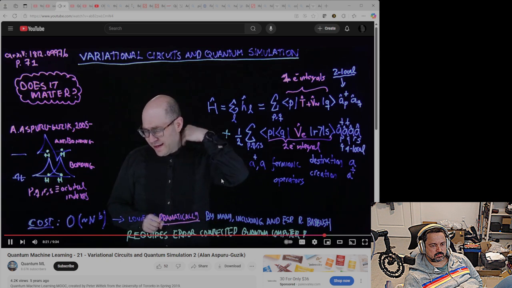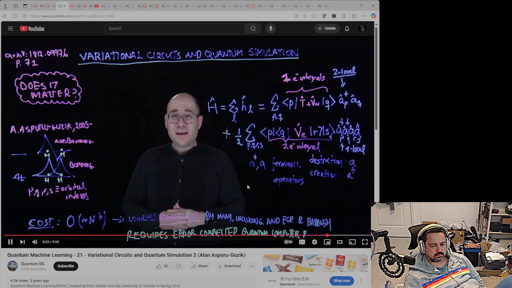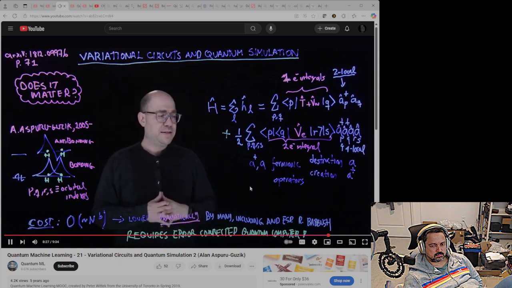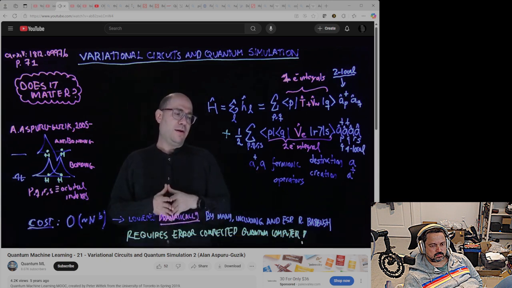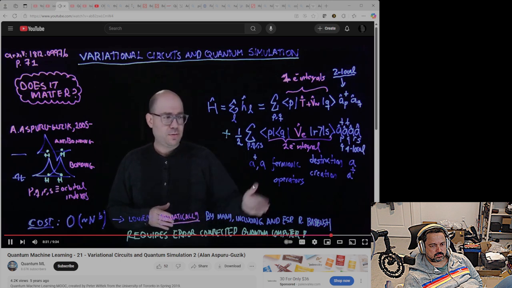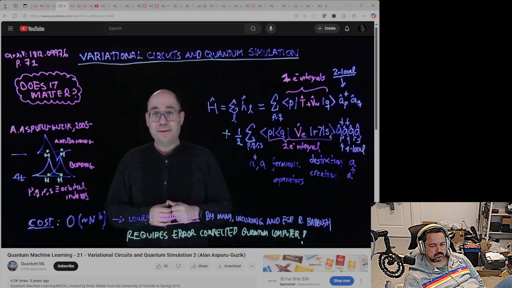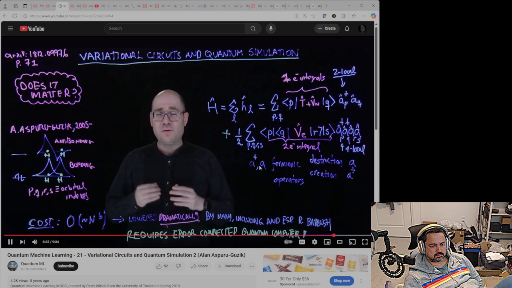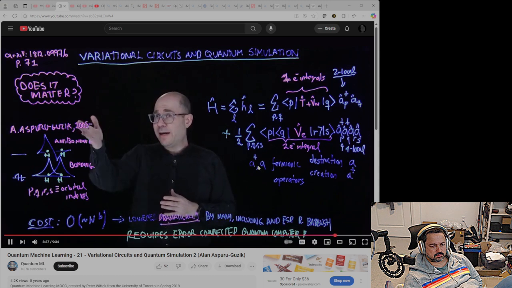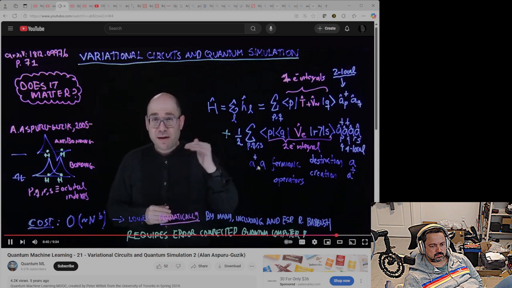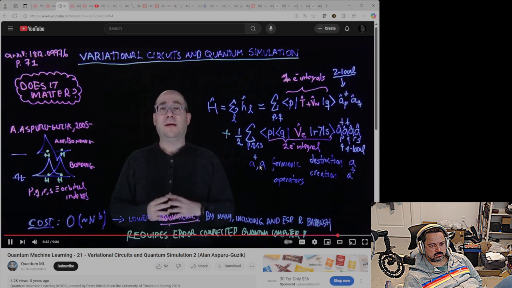So that cost is quite dramatic. Our initial estimates require hundreds of thousands to millions of gates, and that in turn requires error-corrected quantum computers. Having said that, an extremely diverse number of researchers, since our very early work, have lowered the cost and introduced more and more complex algorithms.